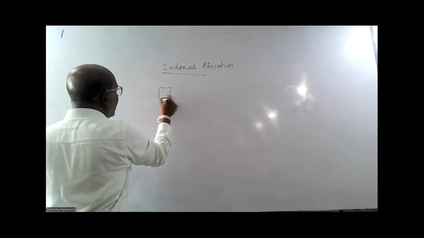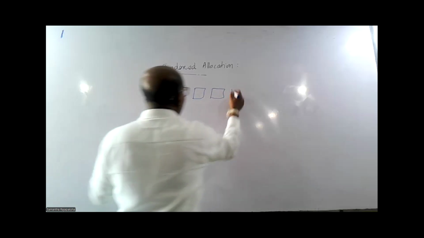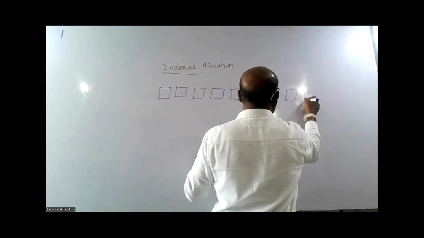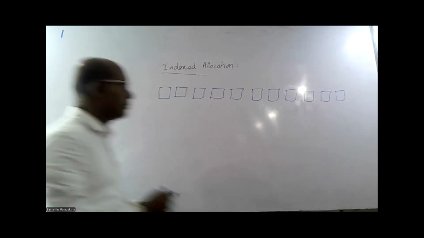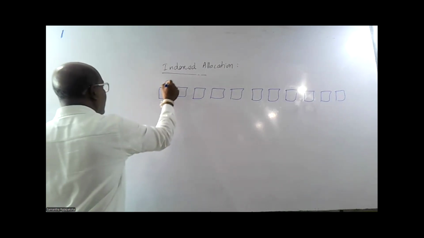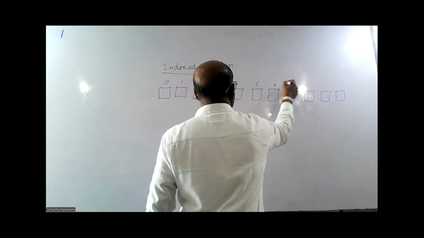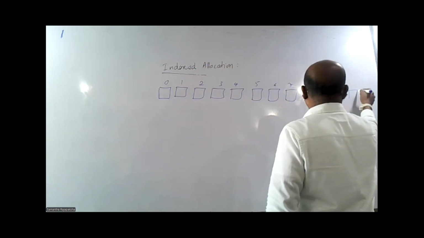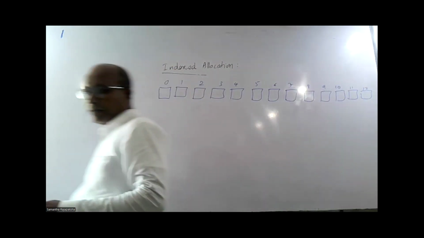In the index allocation, we have the data blocks diagram. Block number 0, 1, 2, 3, 4, 5, 7, 8, 9, 10, like that. Here are the blocks for the file.